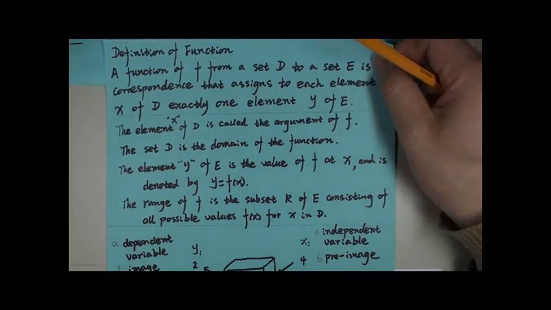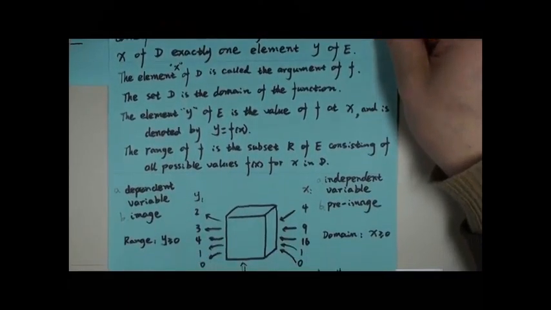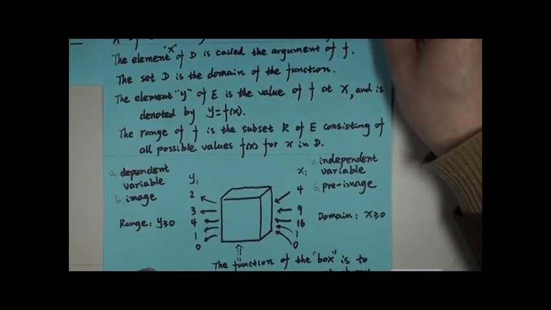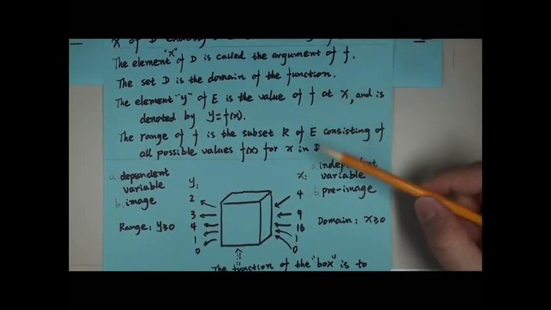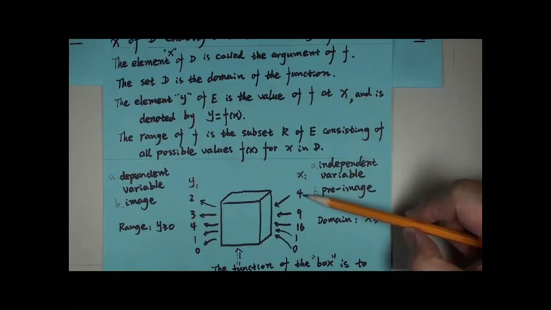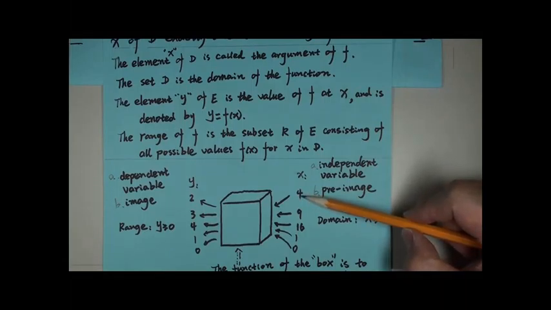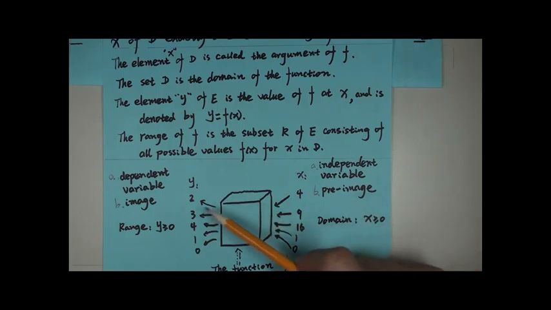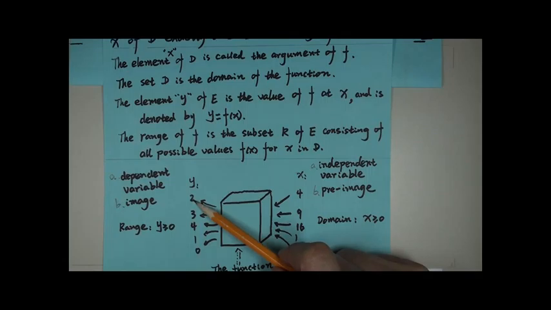Let's look at this example. For each element 4, you input that into a box, and then another value, 2, comes out.